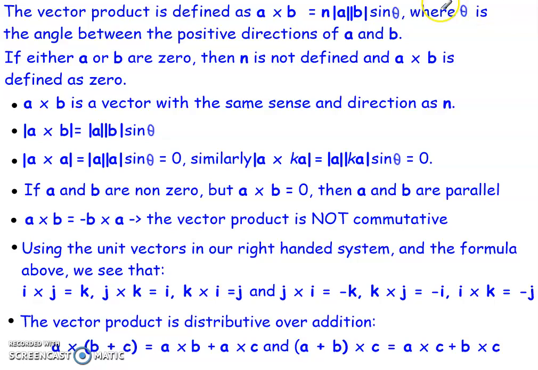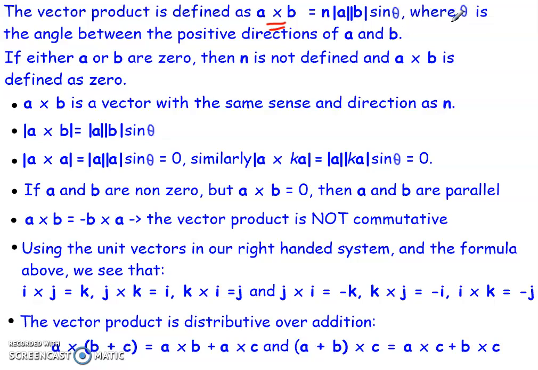One way of defining the vector product is A cross B equals n times the magnitude of A, magnitude of B, sine theta, where theta is the angle between the positive directions of A and B. Here n still represents the unit vector perpendicular to the plane.